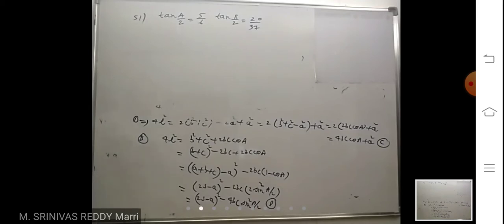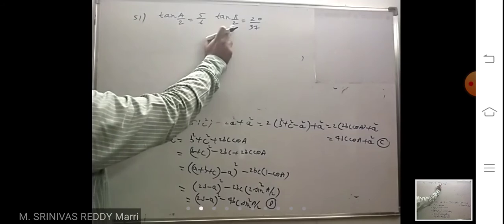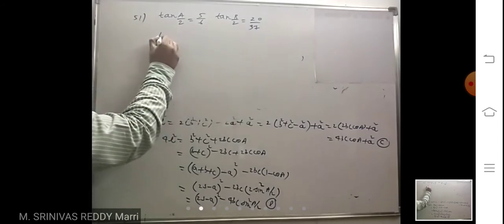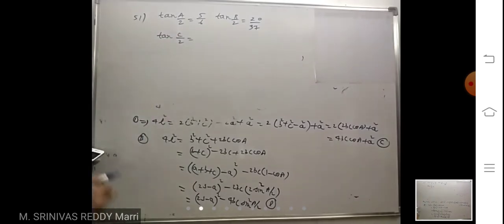Now look at this. Whenever tan A by 2 and tan B by 2 are given, you try to calculate tan C by 2, the third angle.